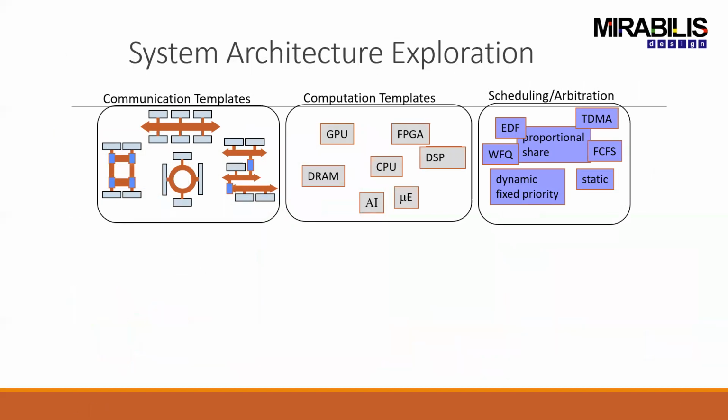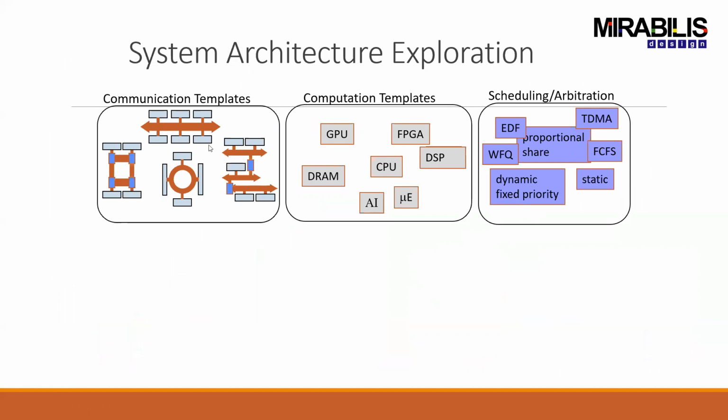Now, when you look at system architecture exploration, a typical system is going to consist of three parts: communication, computation, and scheduling. Communication is your topology, your fabric, your bus, your knobs, all of those can be at a board, can be at a network, can be at a semiconductor.